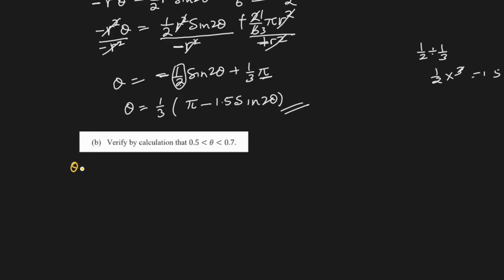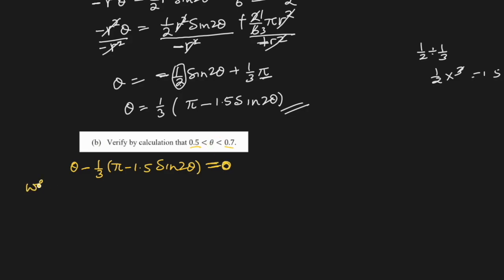So it becomes theta minus 1/3 pi minus 1.5 sine 2 theta equal to 0. Now if I substitute 0.5 and 0.7, because they said equal to 0, if the root is between these two numbers, one of them will give me a positive number, one of them will give a negative number, so that in between we have 0.